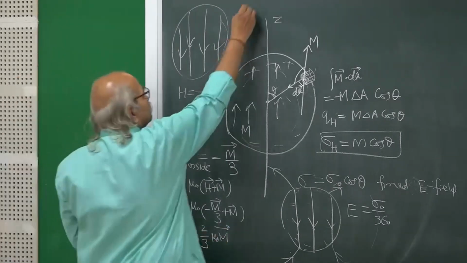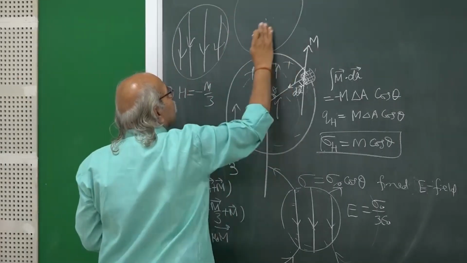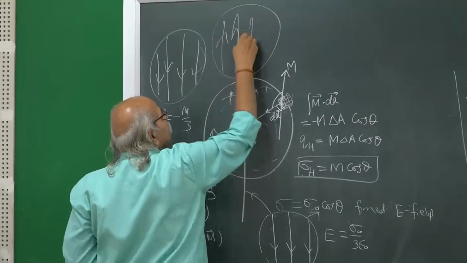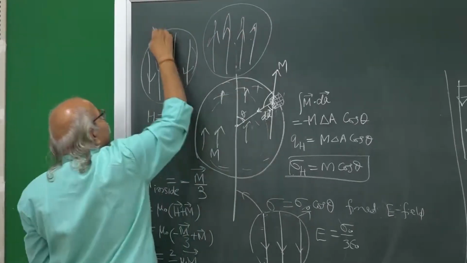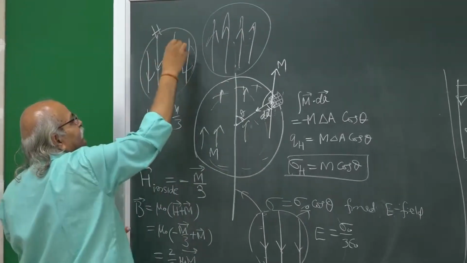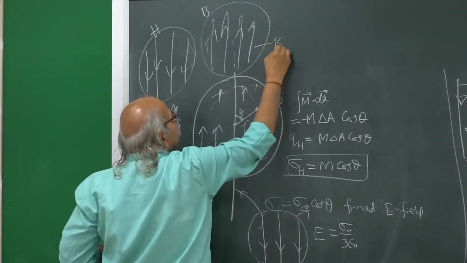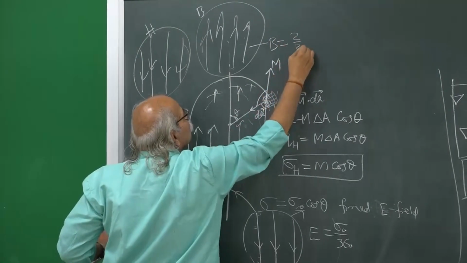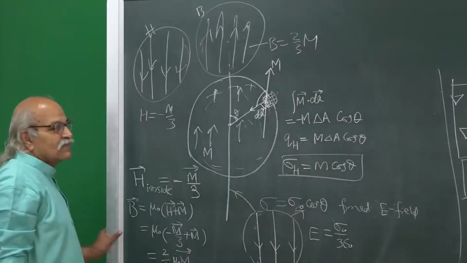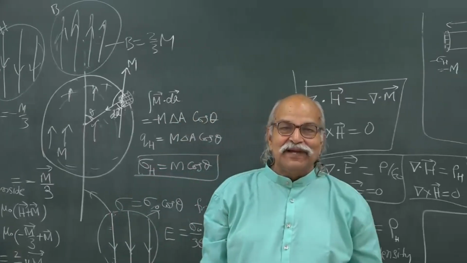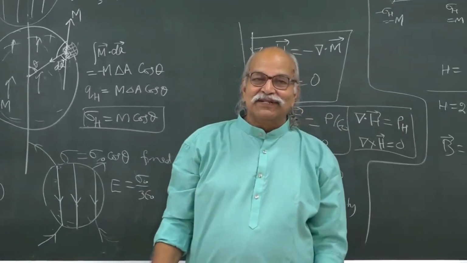If you ask for the B vector, the B vector is this way. This is our H vector, these are H lines, and these are B lines. So B lines are this way, and the magnitude here is B equal to 2 over 3 mu naught M.